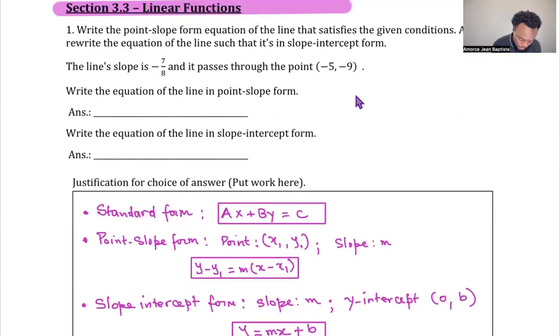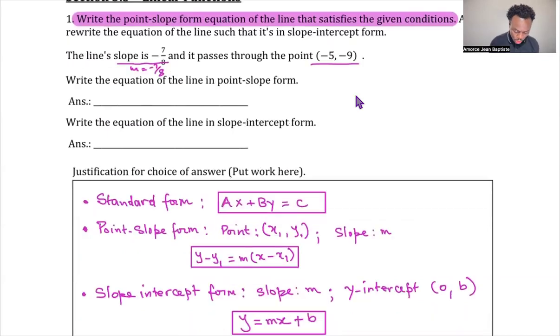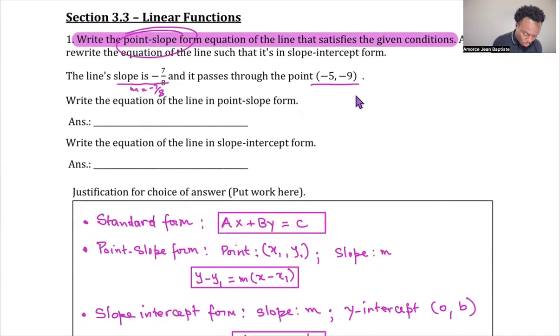They say write the point slope form of the equation that satisfies the given conditions. So the conditions are the slope of the line m equals -7/8. And the point is this. So they want the point slope form.